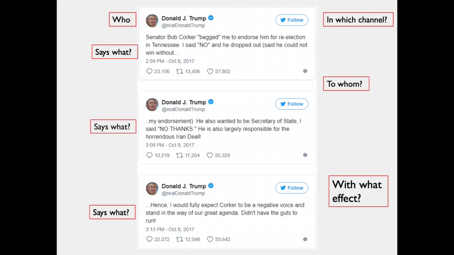And we could look at that for things like how the sentences are being constructed. We could look at the use of the quotation marks there. So we've got "begged" in quotations, and we've also got "no" in quotations. And we could also look at why "NO" is in capital letters. And we've also got the opening of a parenthesis, the bracket there, which then closes in the following bracket.